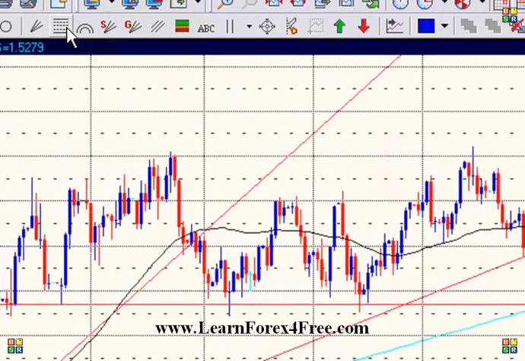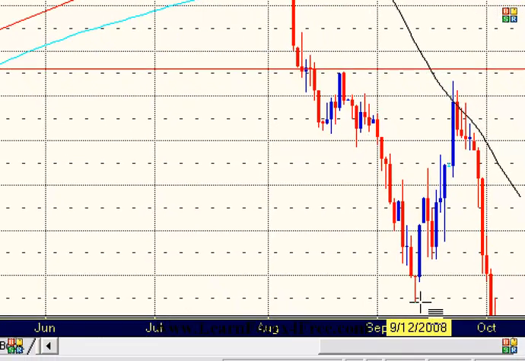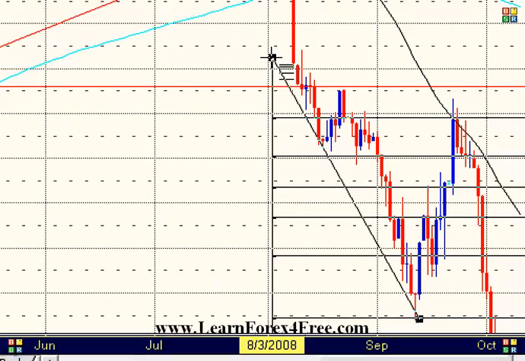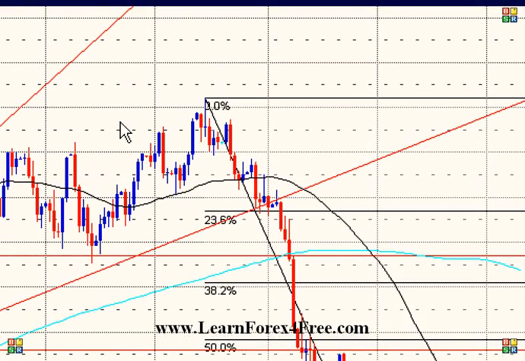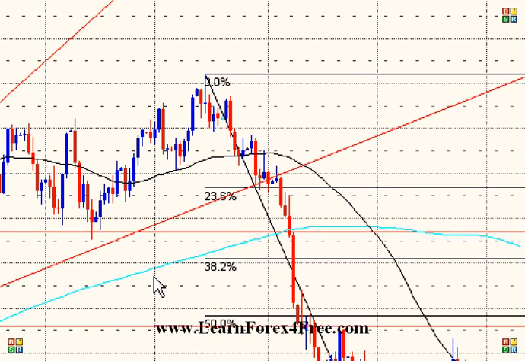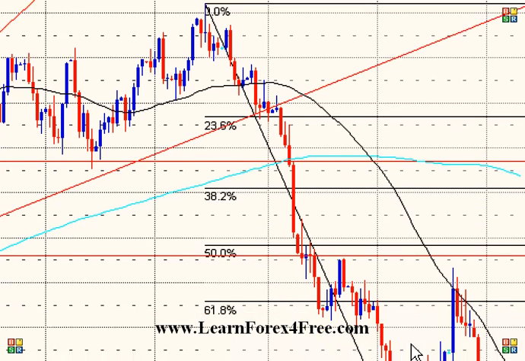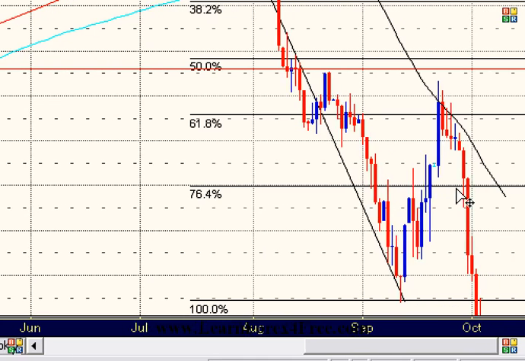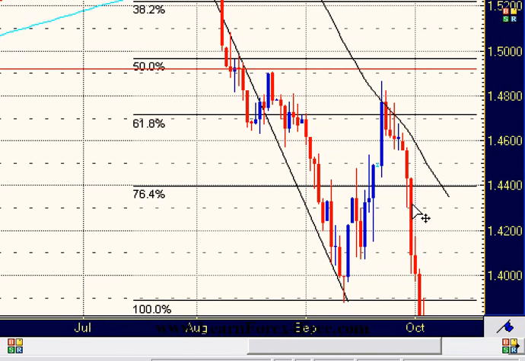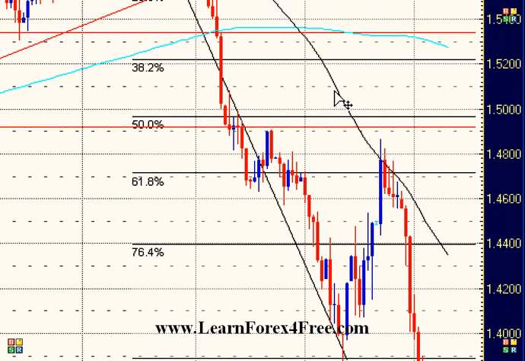I'm going to take the Fibonacci, go from the bottom, the low, to the high, and that's where we were last time. This was our 50-day moving average, this was our 200-day moving average, and this is the point where we were last time, and I had indicated that there would be some price hesitation.